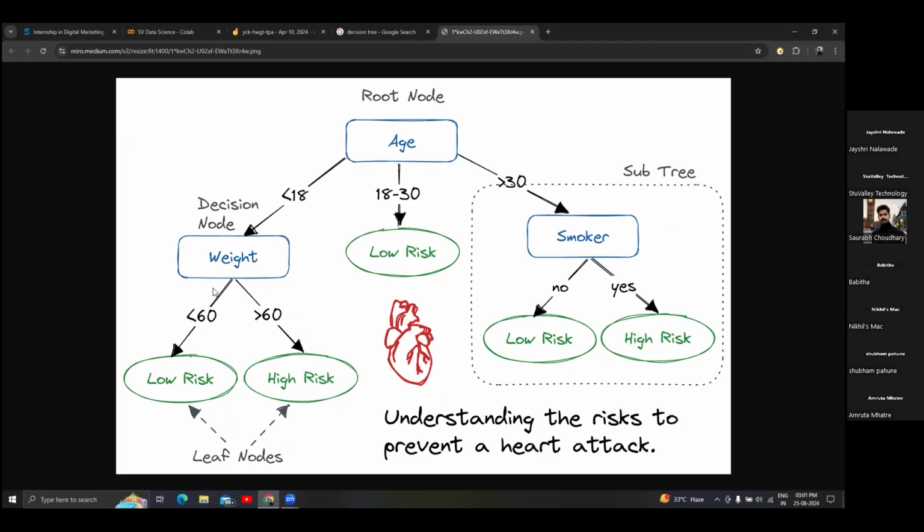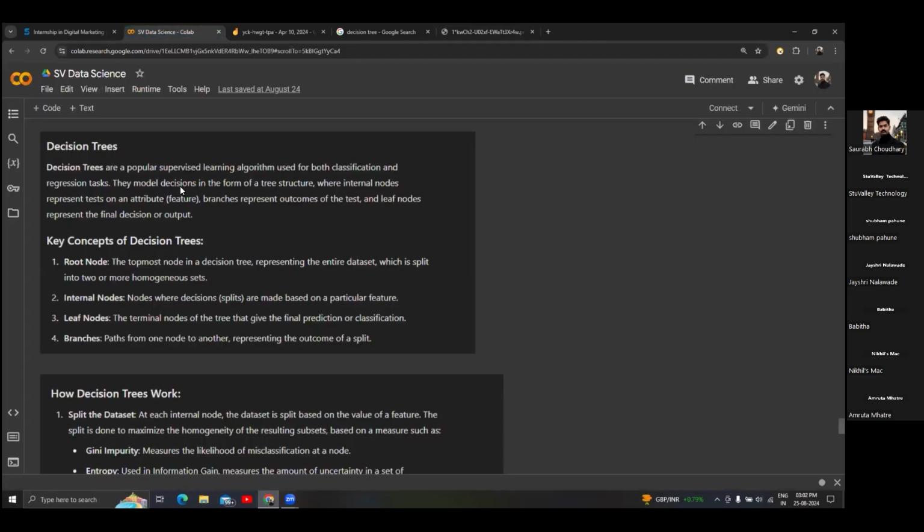This is understanding the risk to prevent a heart attack. So the root node, you can say, is age: less than 18, 18 to 30, 30 above. All the trees you can see are made using the data. This kind of tree it will make whenever you use data.